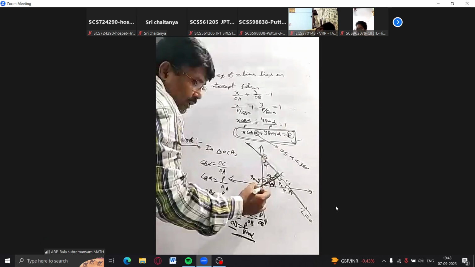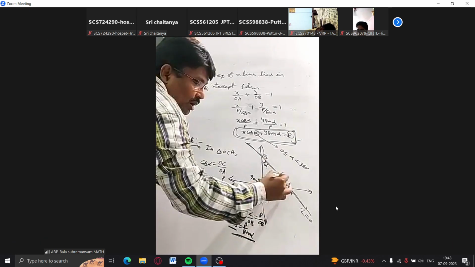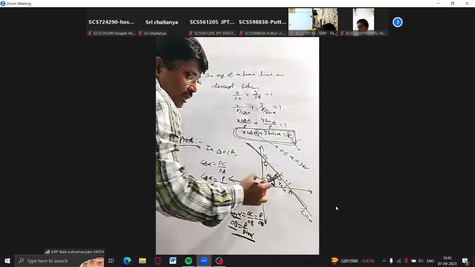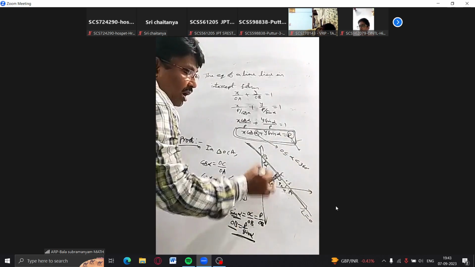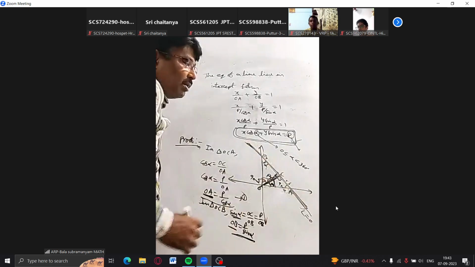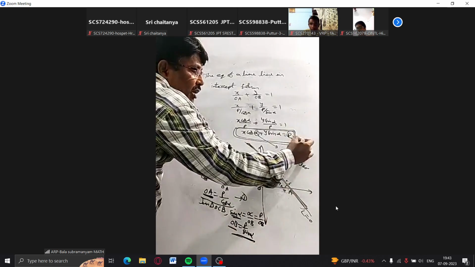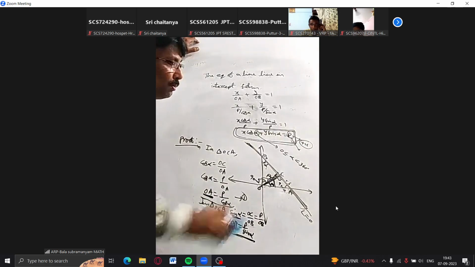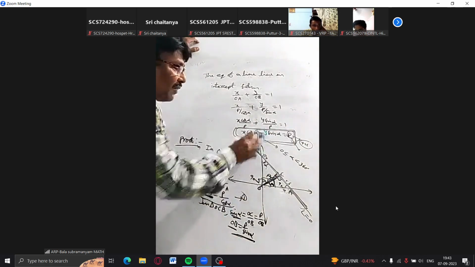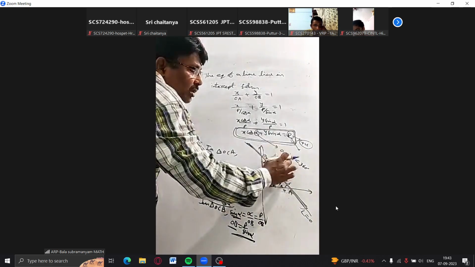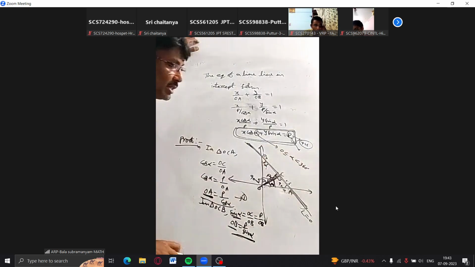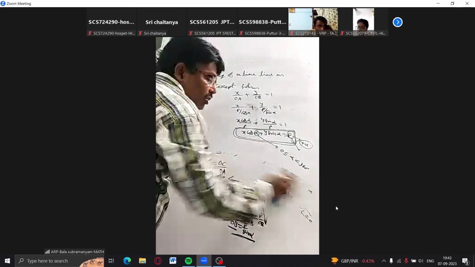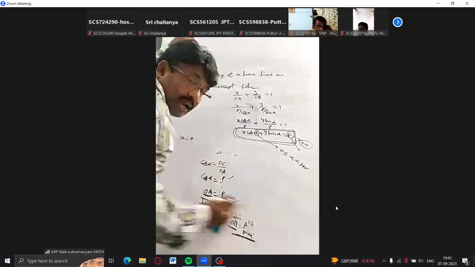P is the distance from origin to the line, so it is always positive. This is about the normal form of a straight line.